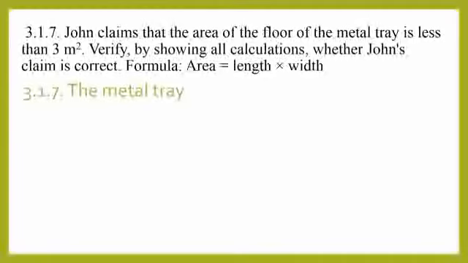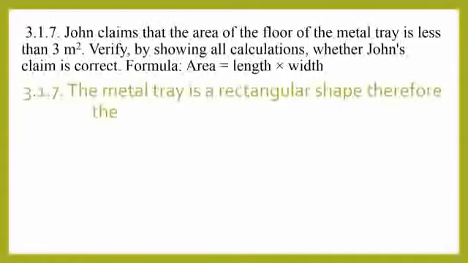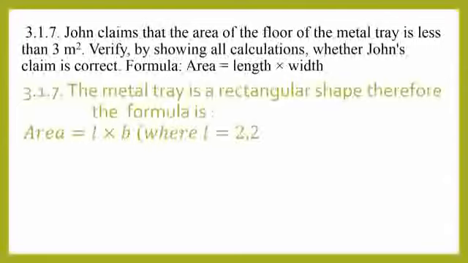The metal tray is a rectangular shape. Therefore, the formula is area of the rectangular shape equals length times breadth, where the length is 2,6 and the breadth or the width is 1,5 meters.